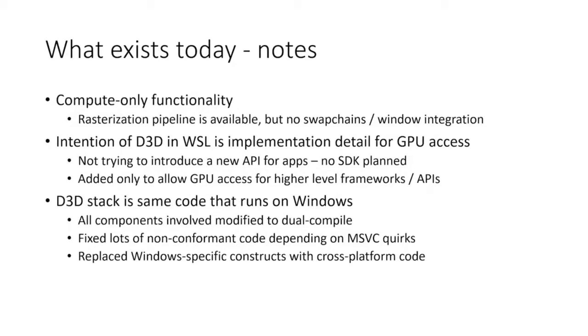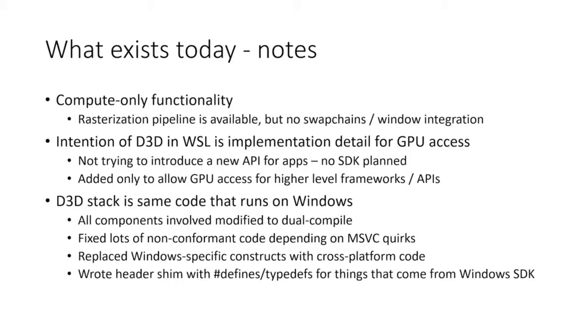As part of this process, we went ahead and replaced a bunch of Windows-specific constructs, like critical sections, for example, with cross-platform code, heavily relying on STL and C++ runtimes. We basically wrote a header shim that replaces Windows.h so that we don't have to rely on the Windows SDK. It provides roughly compatible defines and typedefs to what our codebase and API expects.